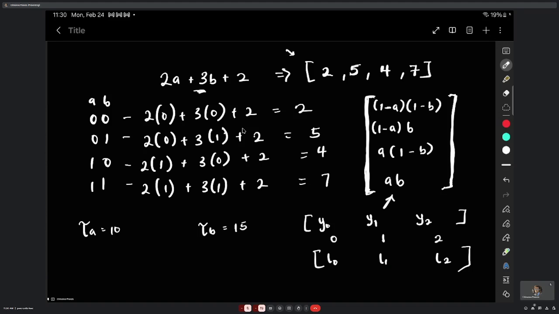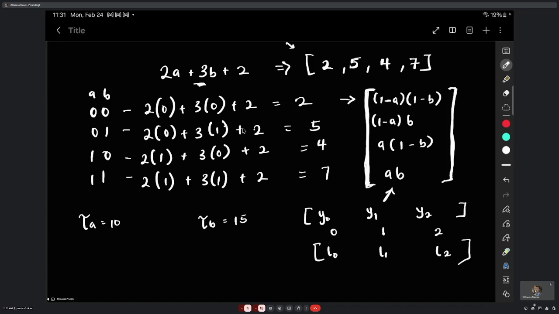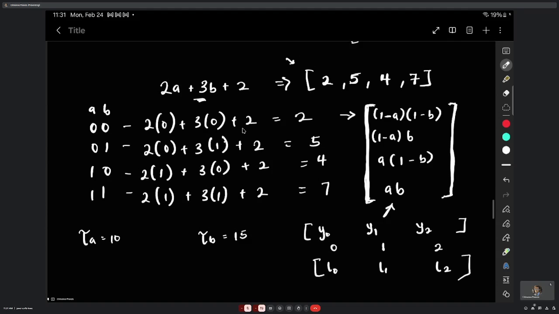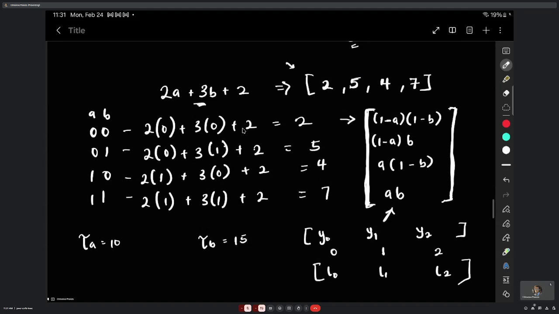When we think of this as polynomials, when we do the multiplication, we get a polynomial. But if we fix the values for A and B, it collapses down to a single value. If we have already computed the Lagrange basis values, we just need to do a dot product and a sum to get the evaluation.